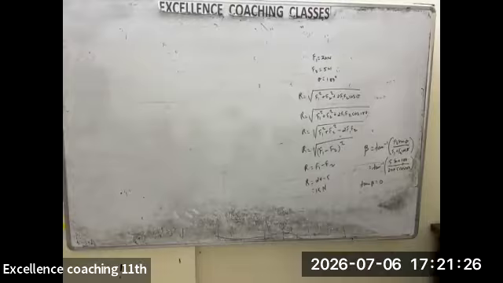Tan beta, so what should the angle be? 0. Tan 0 is 0, no?